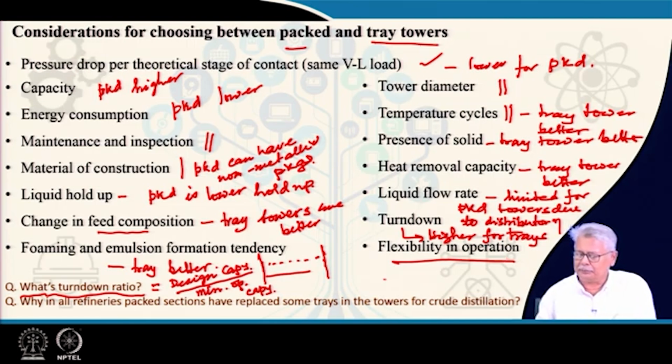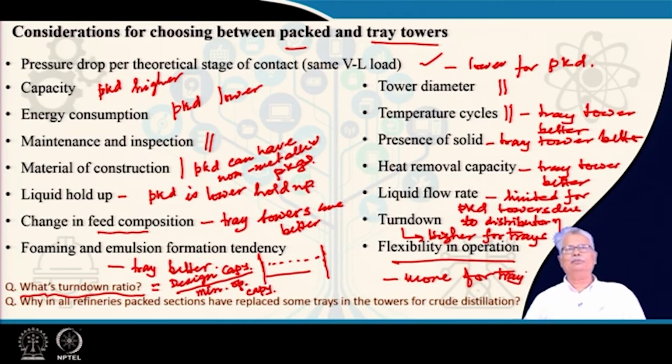So, I will say, with the same logic, this is more for the tray columns. I believe with this we have discussed the different considerations for choosing between the trays and the packing, and if you are facing a design problem, you can use these points in order to find out what exactly is the best option that you can have for your contacting.